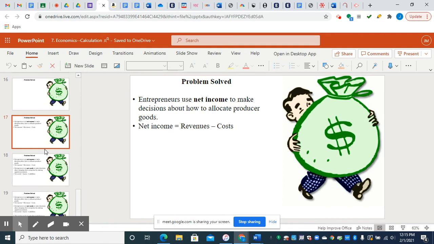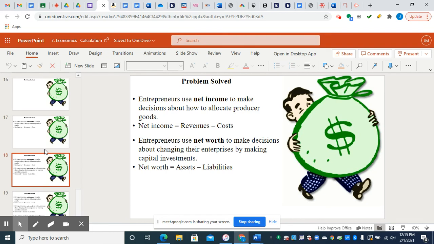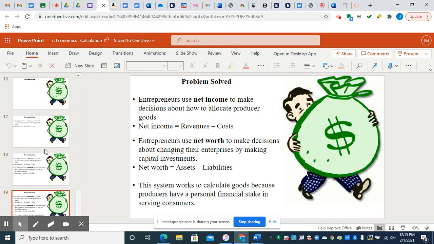If you continue not making net income or not covering your costs, eventually a company will go out of business. So entrepreneurs use net worth to make decisions about changing their enterprises by capital investments. So they look at, okay, how much do I have, assets, minus what I owe, liabilities. And that's their net worth, excuse me.